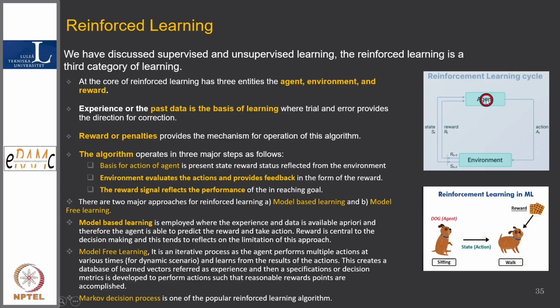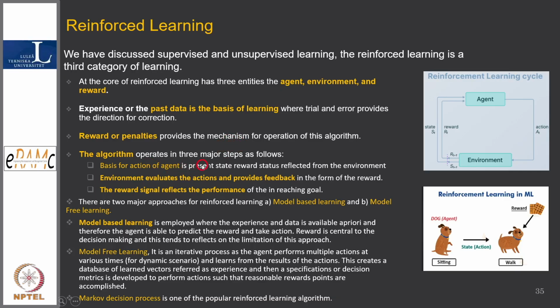So, you have the agent, you have the environment, and you have the action, which will be reflected in the figure here. Okay. So, how does it work? Experience or past data is the basis of learning. Whatever data you have. So, that means it goes towards past data for reinforcement to be learned.